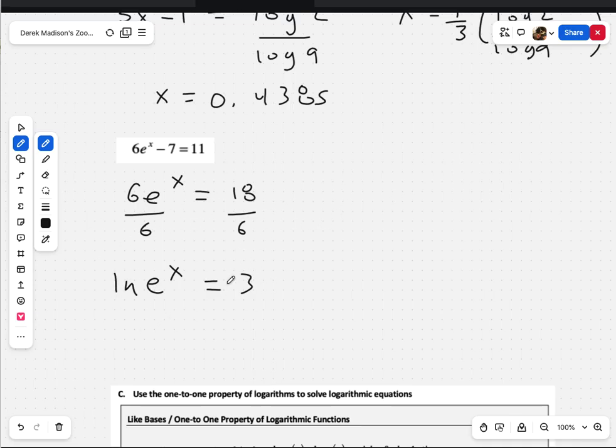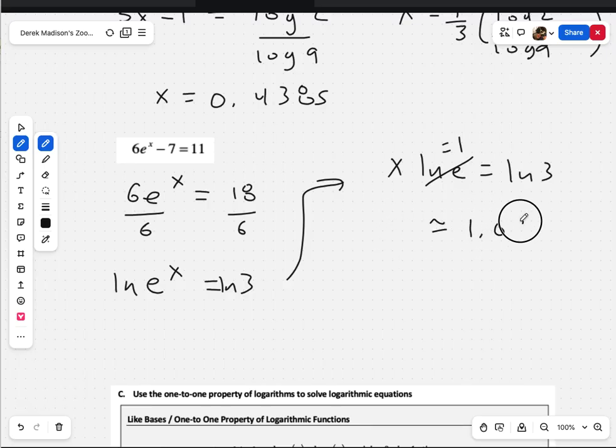So take a natural log here, natural log there. So x times ln e equals ln 3. ln e is just 1 again, so x equals a natural log of 3, which is 1.0986 to 4 decimal places.